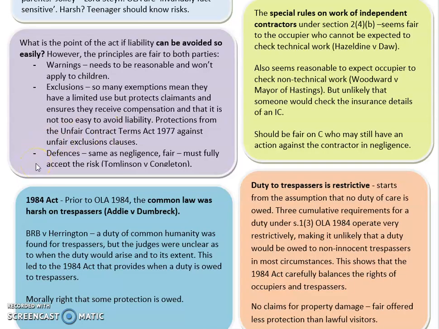In terms of defences, they're the same generally as for negligence, and on the whole they seem fair. You could talk about perhaps Tomlinson and Congleton, the guy who jumped into the shallow lake. He had been said to have fully accepted the risk when he did that, and that seems a reasonable conclusion if it's an adult of a sound mind.